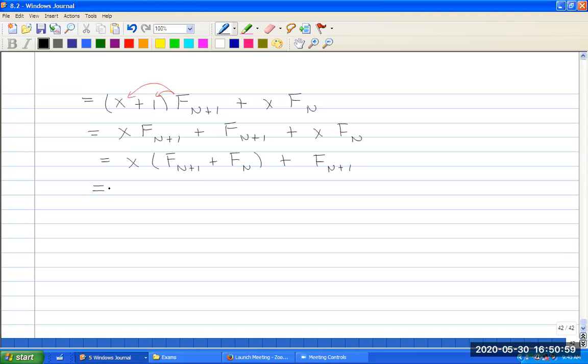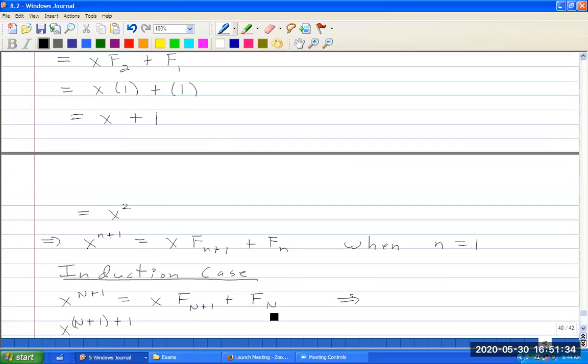But due to the fact that this is a Fibonacci sequence, I have that this sum here is just equal to f sub n plus 1 plus 1. And so I've shown that this formula is true when I replace n by n plus 1.